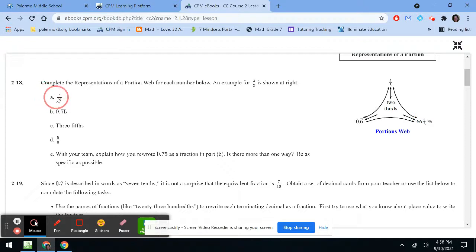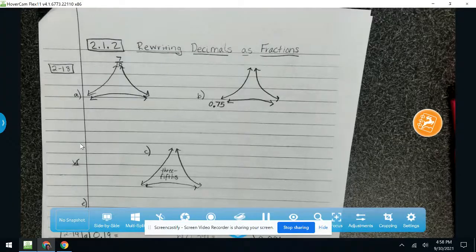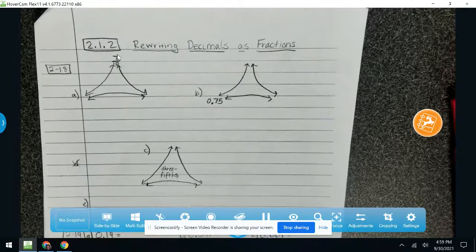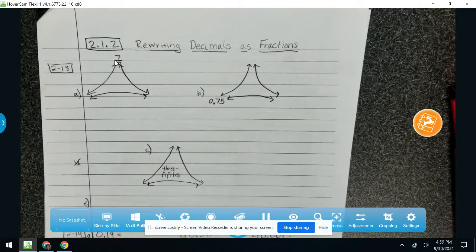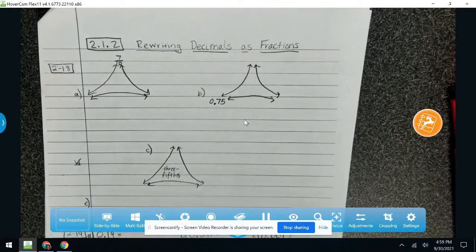So we're going to start right here. I really like this little spotlight, except my pointer's right over the top, but we have 7/10. Some kids today told me that they couldn't see this 7/10, but I promise it's 7/10.